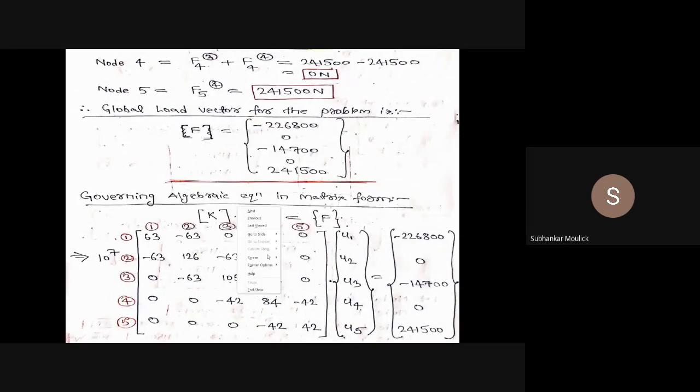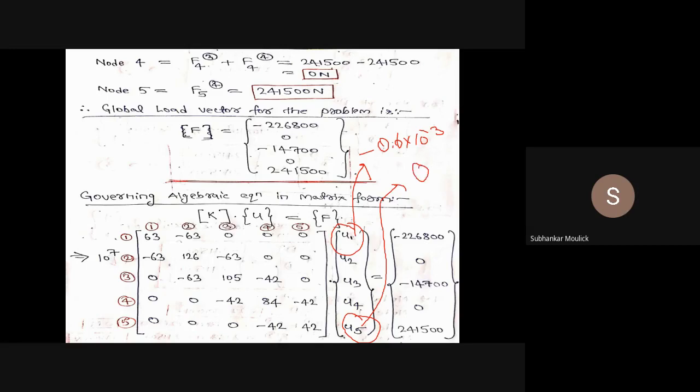That means the value of u1 is 0.6 mm in the compressive direction, that is minus 0.6 into 10 to the power minus 3 meter, and the value of u5 will be 0.